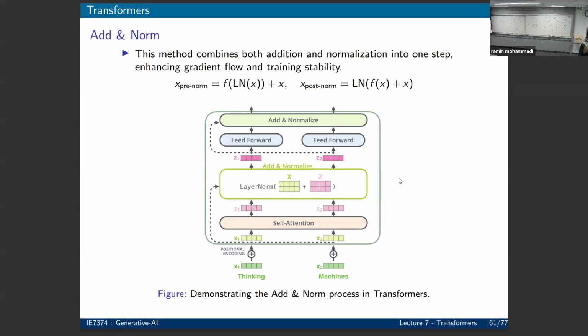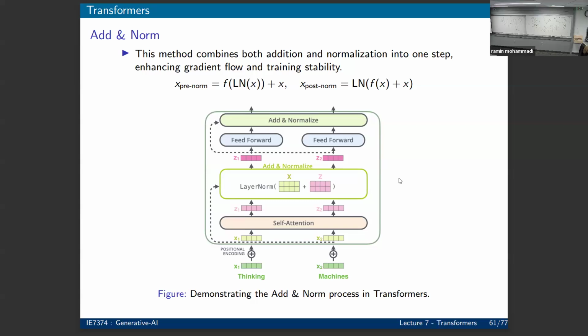So the word thinking has this vector representation. Machine is the second word, and has a vector representation. Let's say thinking is the query, and this is key and query itself, right? Here, this sign is positional encoding. Whatever positional encoding you do, you do it here. Either you do RoPE, where you multiply it, or you do normal positional encoding, where you add it. Then you get a new representation. The new representation goes to self-attention.